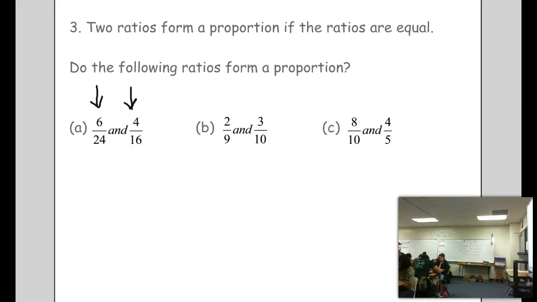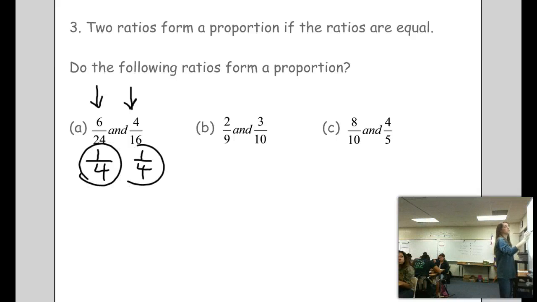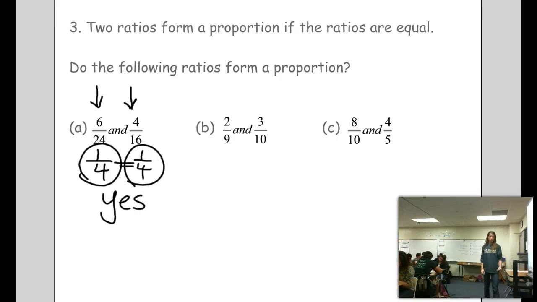Shelby, what's 6/24 reduced? 1/4. What's 4/16? 1/4. So are those two fractions proportional? Does 1/4 equal 1/4? Yes! So the answer to A is yes. Torin, what's 2/9 reduced? Hold on. Trick question. 2/9, yep.